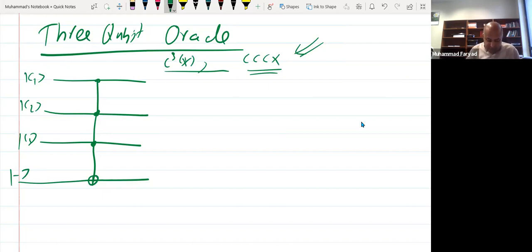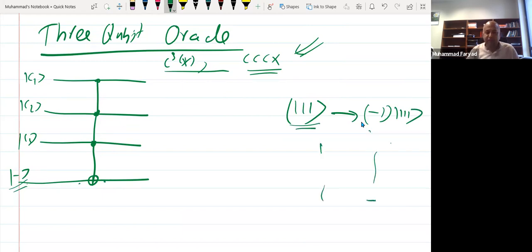But if I have access to such a gate, you can easily see that this will mark only this state, because all these three have to be 1 before an inversion of this ancilla qubit takes place, which means that a negative sign will appear only in front of this state, and all other states will come with a positive sign.